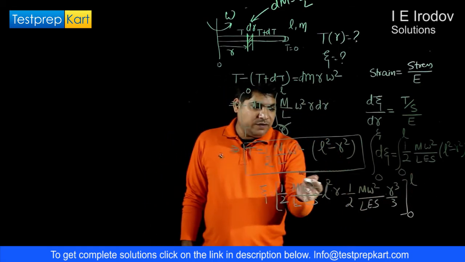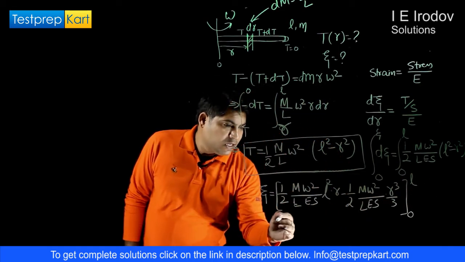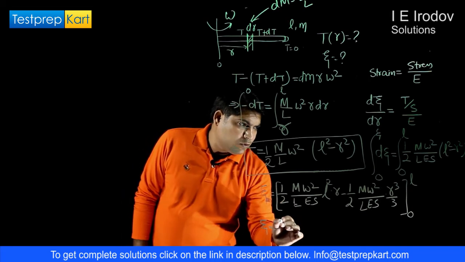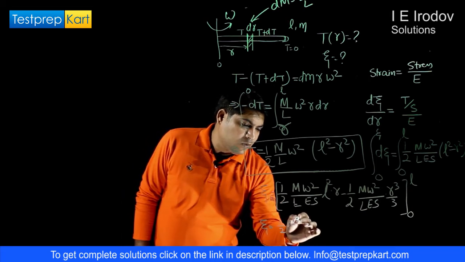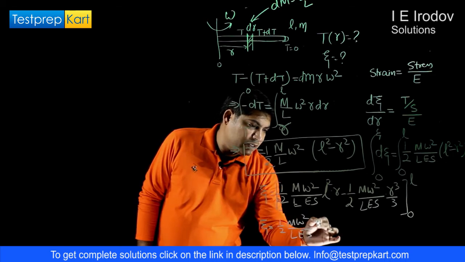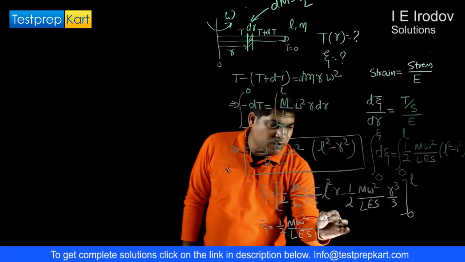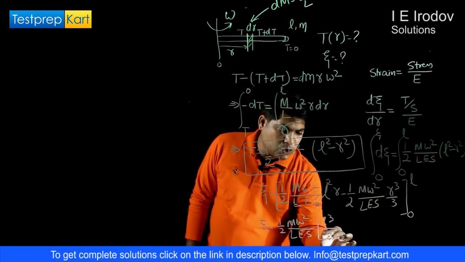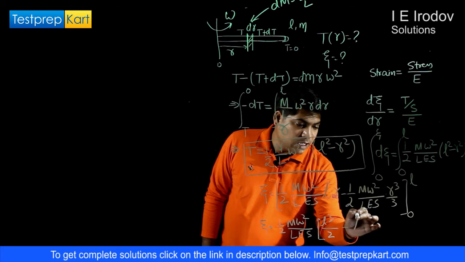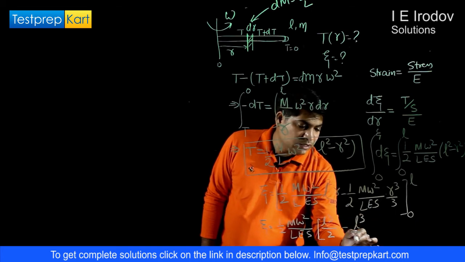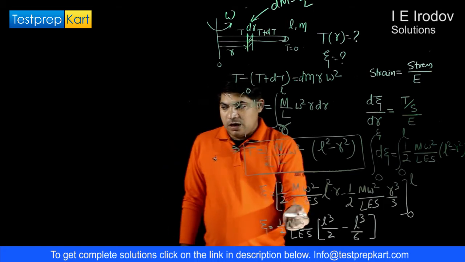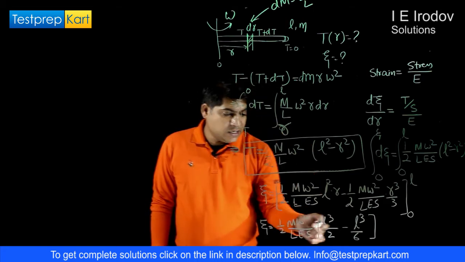So if we put the limits here, then what we'll get? Epsilon is equal to 1 by 2 m omega square L into E into S. This is L cube by 2 if you put the limit here, and this is L cube upon 6, 2 into 3 is 6. So after simplification, what we'll get?